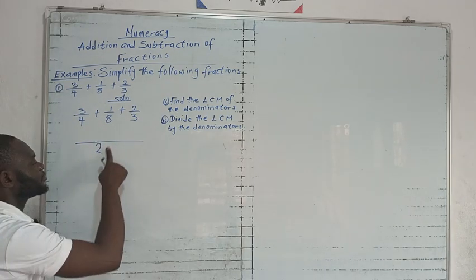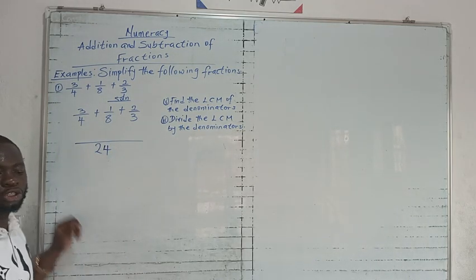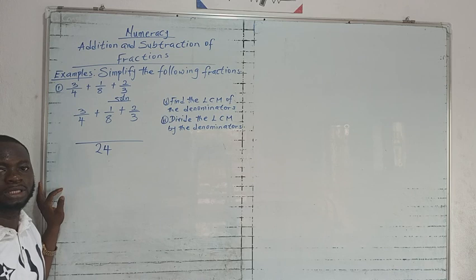Whenever you have such a scenario, just know that your LCM is wrong. So you need to find the correct LCM for the denominators. Okay? The LCM can be divided by the denominators. All the denominators are factors of the LCM.